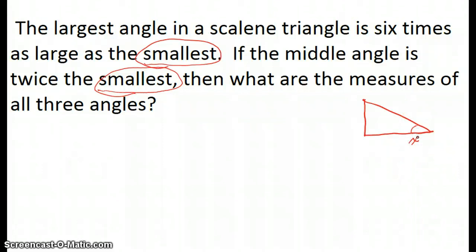We know we have 3 angles in a triangle, so we're going to put 3 little lets here. This will make sure that we see that and we are able to remember to answer the question. Remember, don't forget to answer that question. Okay, so we're going to let x equal the smallest.